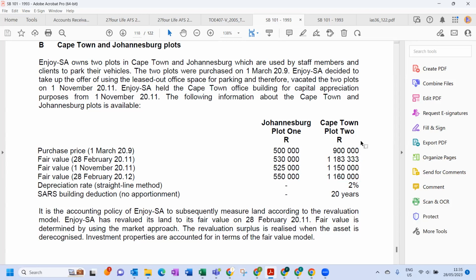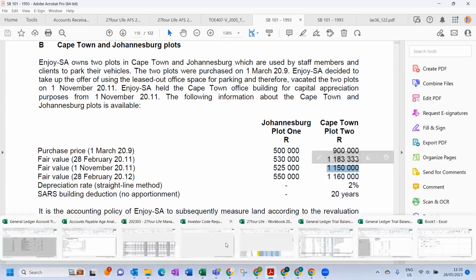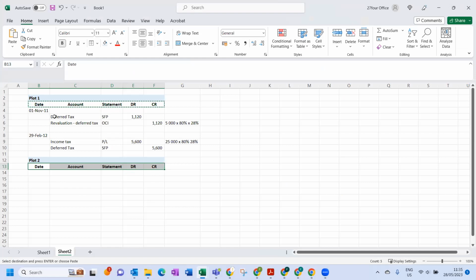Okay, so let's have a look. It's going from 1183 to 1150. So it's an increase in this case.